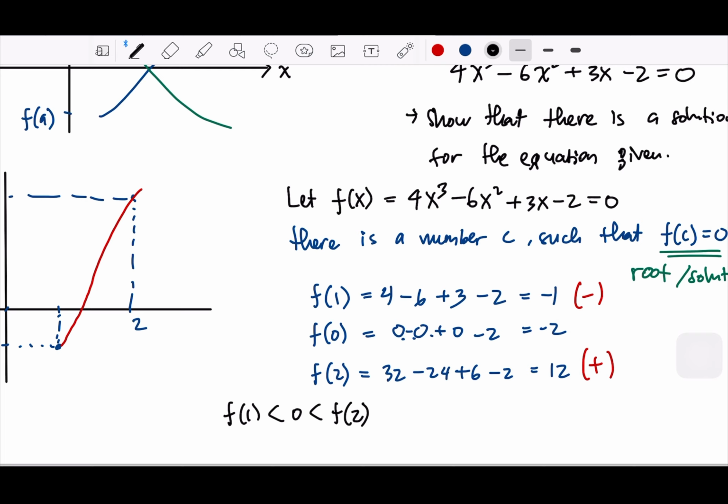I think that's still enough. So f of x has at least one solution on the interval 1 to 2.